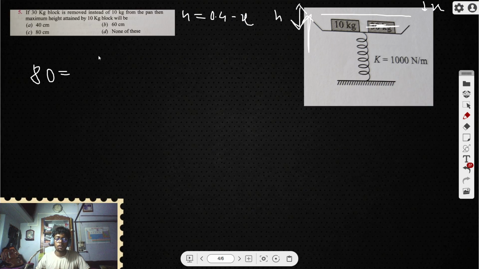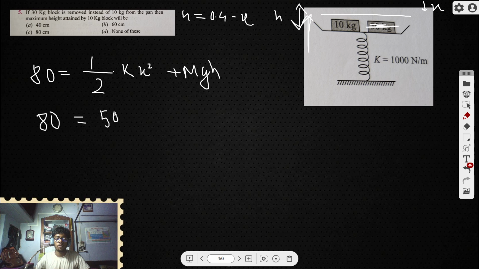If we get this, then we can write the mechanical energy equation. It is half kx square, the new compression, plus mgh. Now 80 equals half of 500 x square plus m g h. In this case, the 30 kg is removed, so m is only 10.